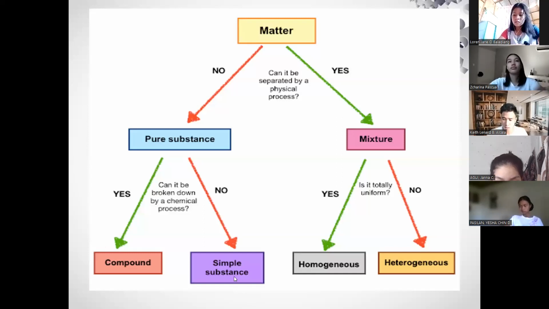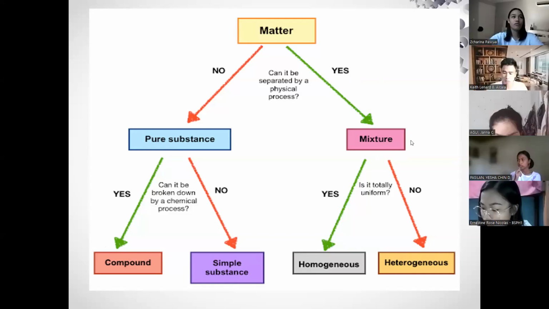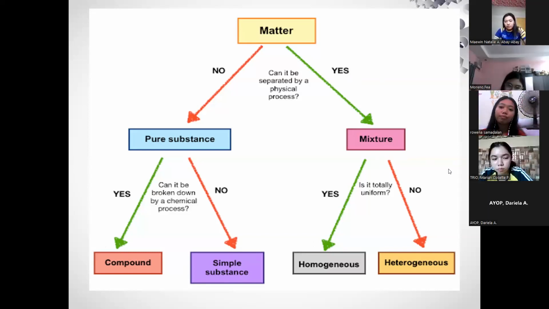Pag hindi, syempre, the simple substance which is called the elements. Yung mahihiwalay using physical process na bago lang natin dinescuss, automatic mixture yon. Pag uniform, that is homogeneous. Pag hindi, that is heterogeneous. Okay? Sige, questions or clarifications?